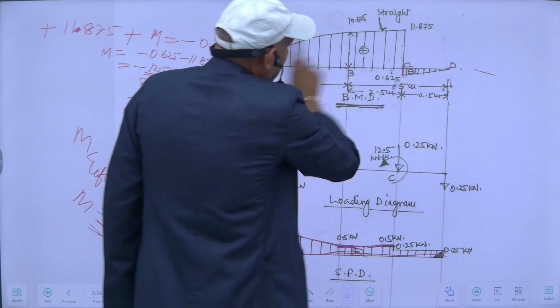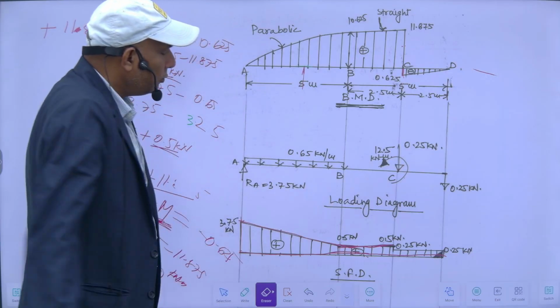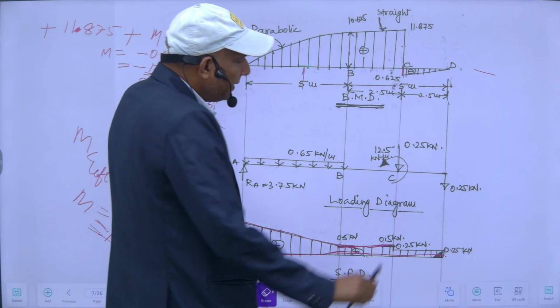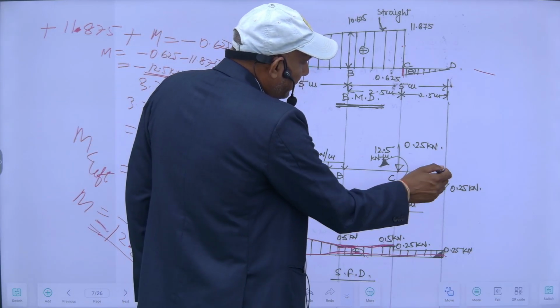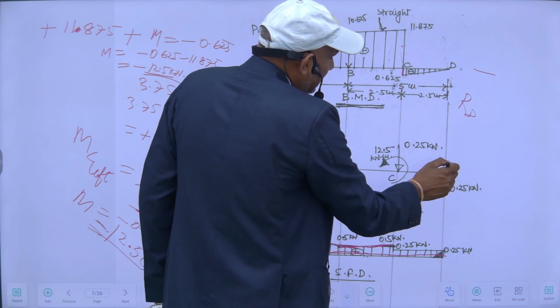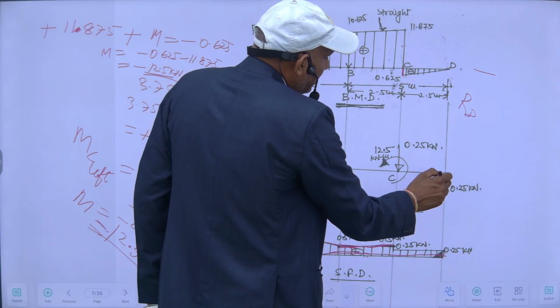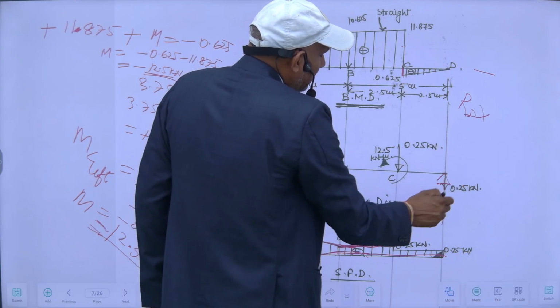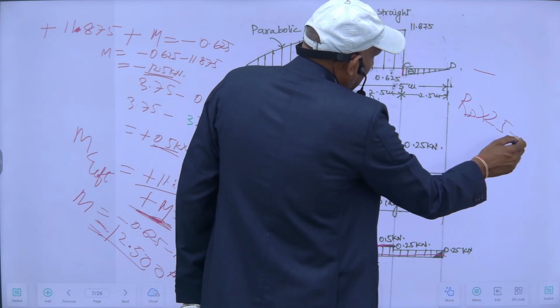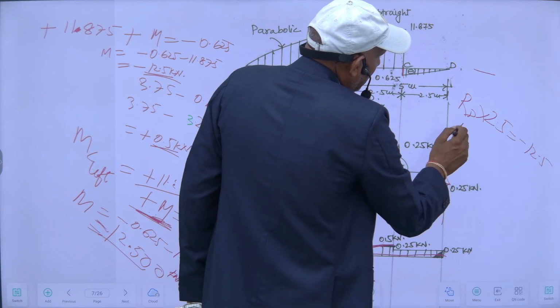After getting this moment here, it is minus 12.5 kilonewton meter. If I start taking moment from here, it will be RD. Suppose this is RD. Initially I assumed like this, RD into this much distance, this is 2.5, equal to minus 12.5.